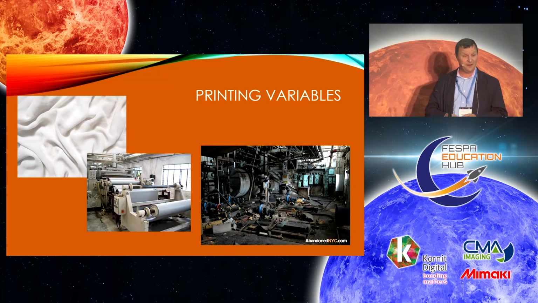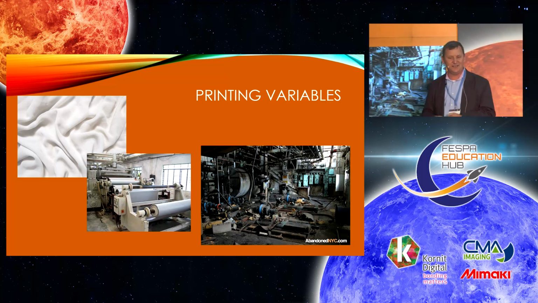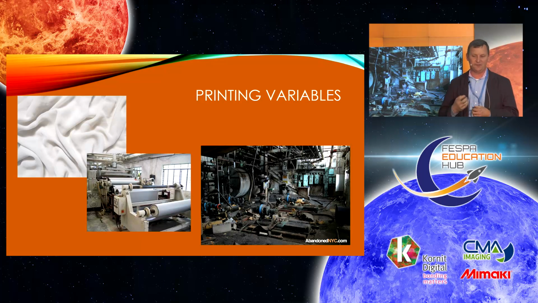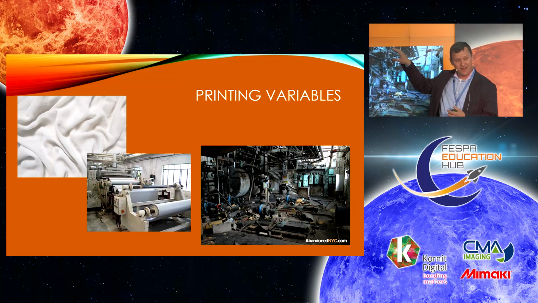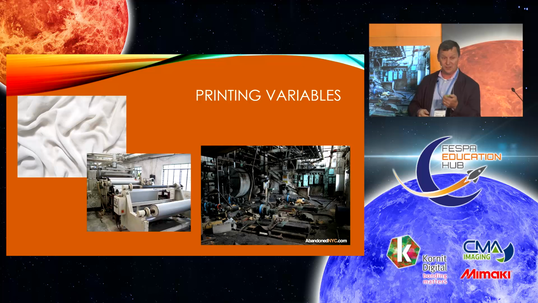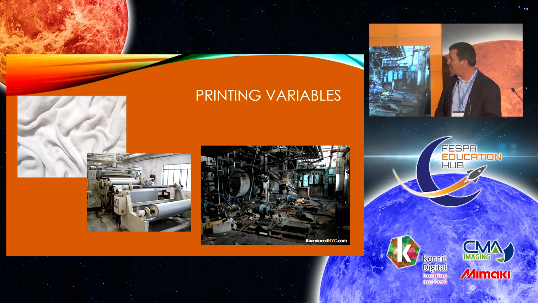We have our printing variables. So we have our fabric, different white points, different saturations, different weaves. If you're going onto a flock, there's so many different fabrics out there. Each of them takes the color a little bit differently, and even when they're done, you might have a sheen on one where it looks a different color if you're looking at the warp one way or the weft the other way.